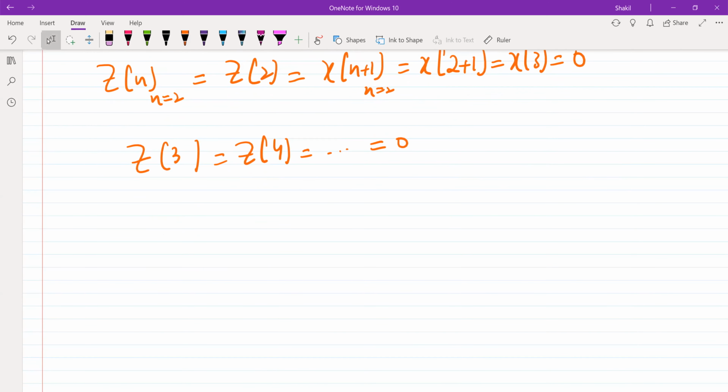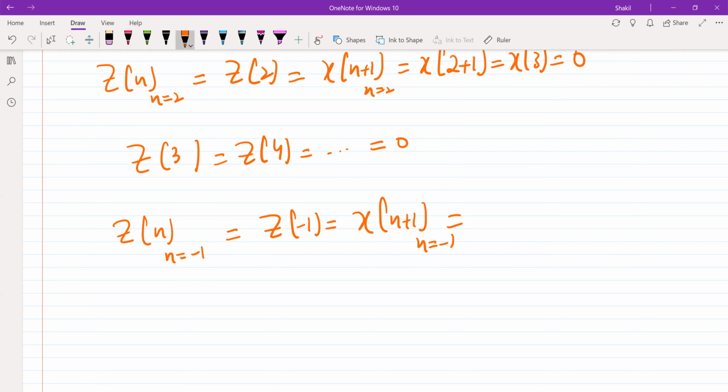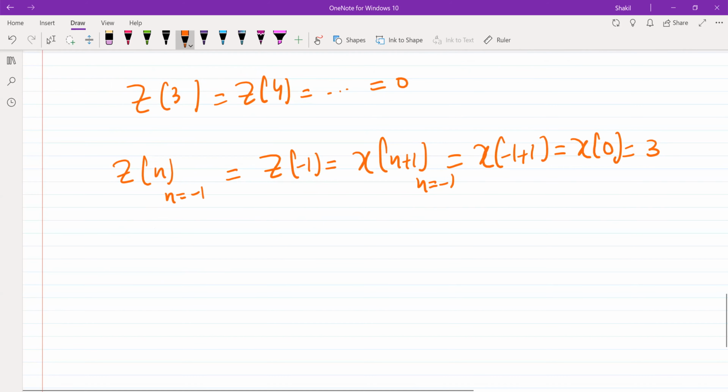Now let's compute the values of z when n is negative, when n is minus 1. So this will be z of minus 1. Z of minus 1 is same as x of n plus 1 when n is minus 1. So this is x of minus 1 plus 1, and this is x of 0. X of 0 is 3 from the given sequence. You can check it.